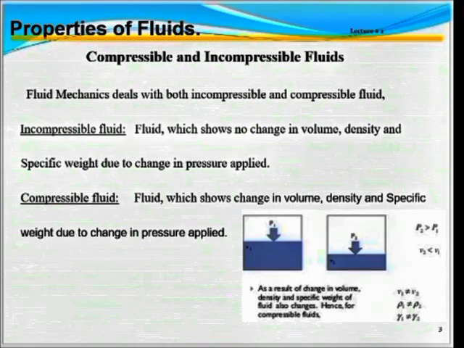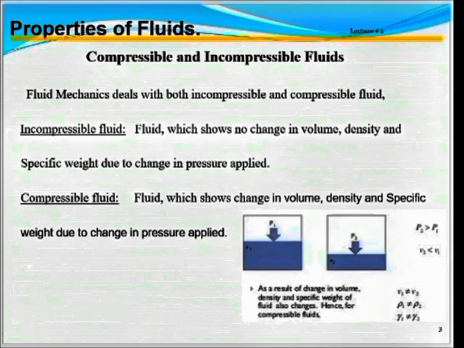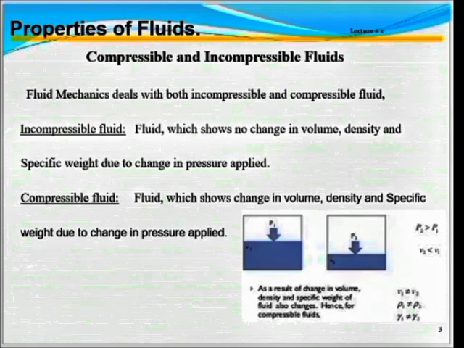On the other hand, a compressible fluid is that fluid which shows change in volume, density and specific weight due to change in pressure applied. Now let's talk about the units of density and specific weight.